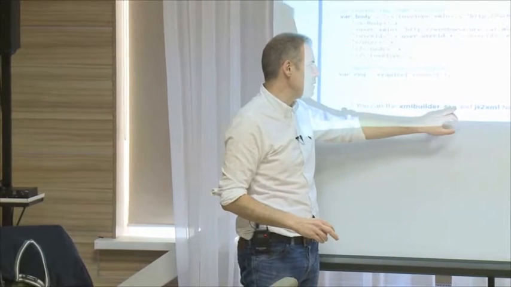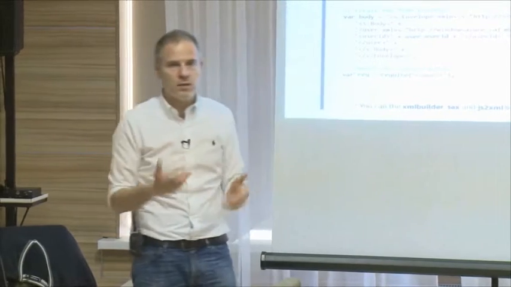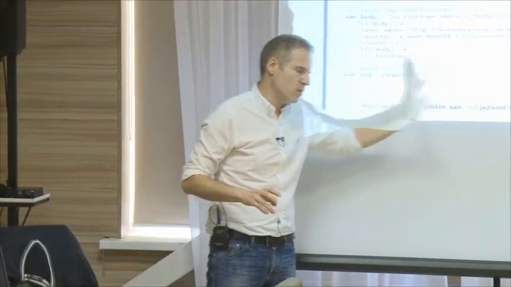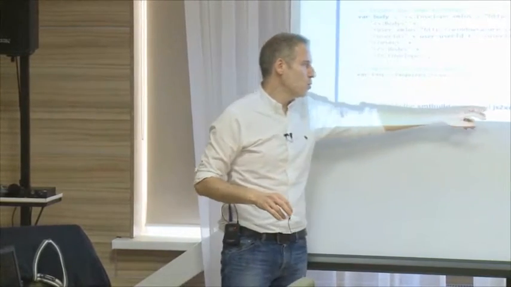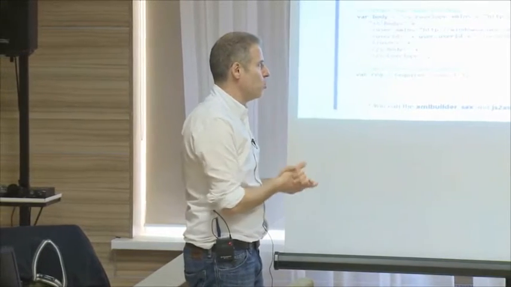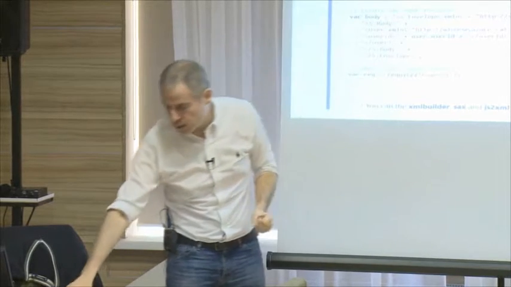Or you can use the Sax module or JS to XML. With JS to XML, you should create a JSON object and turn that into XML. I didn't try this, honestly, so I'm not so sure it works, because there are attributes, so probably it's not working.